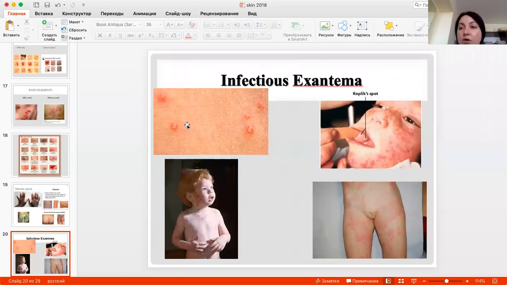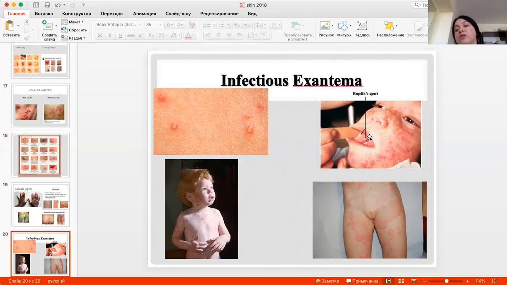It starts with a macula, a red spot, then it transforms into a vesicle containing serous yellowish fluid inside. Then when the child destroys this element, we have crusts on the elements, and then it is healed.